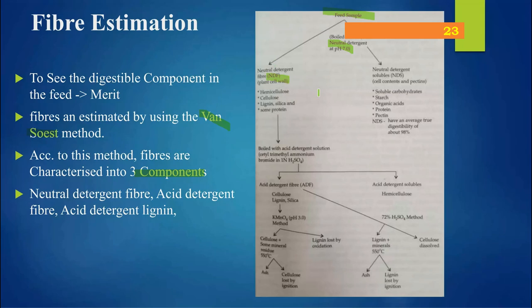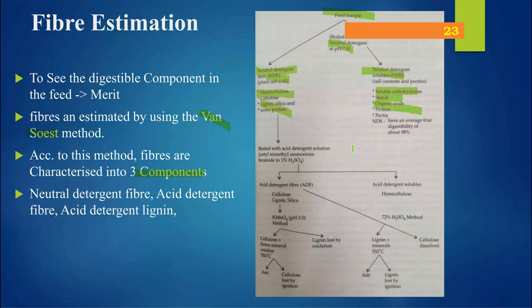For example, the plant cell wall contains cellulose, hemicellulose, lignin, sand, silica, and some quantity of proteins. The second one is the neutral detergent soluble, NDS, which contains soluble carbohydrates, starch, organic matter, and protein.